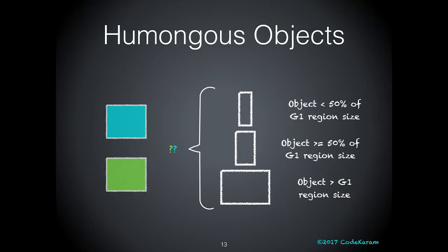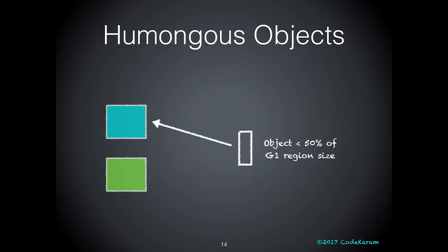Object number 2 is greater than or equal to 50% of G1 region size. And object number 3 is greater than a total region, it will not fit within a single region. So how would G1 allocate those objects into the regions?